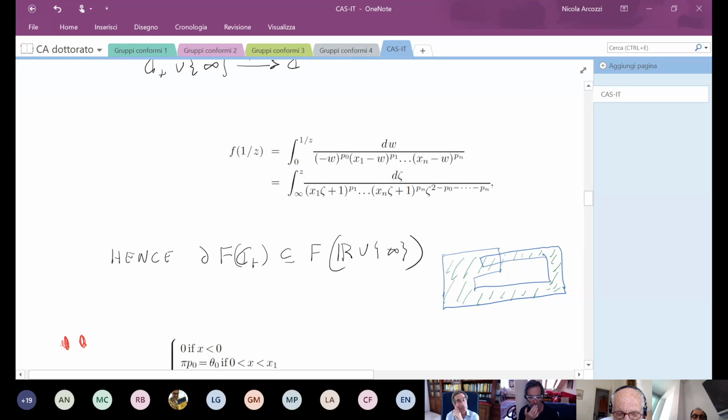You get in a neighborhood of 0, which is 1 over z equal to infinity, this possibly singular thing over here, but we assume that this exponent is less than 1, because p0 plus pn is bigger than 1. Okay.